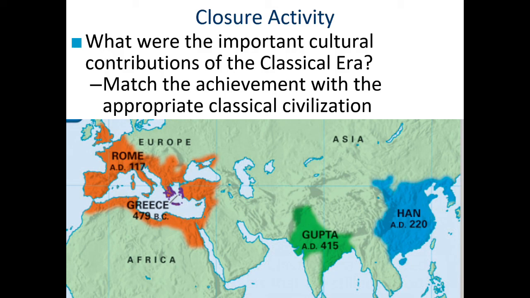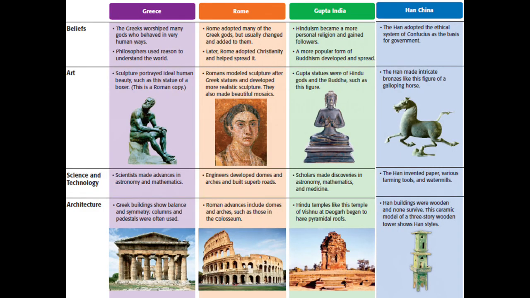Match the achievement with the appropriate classical civilization. Here you've got a chart that shows 4 of our classical era societies. You've got Greece, you've got Rome, you've got the Gupta dynasty in India, which we'll study soon, and you've also got the Han dynasty in China, which we'll study last.